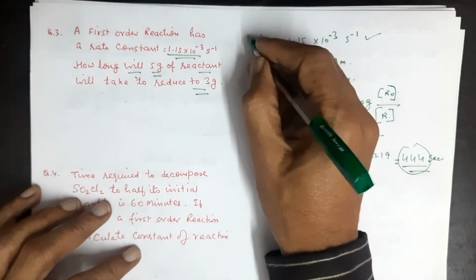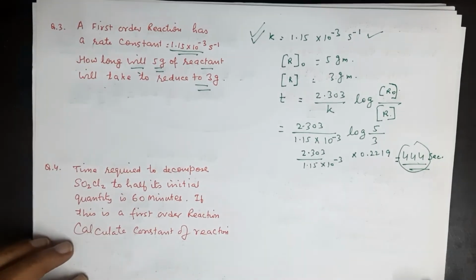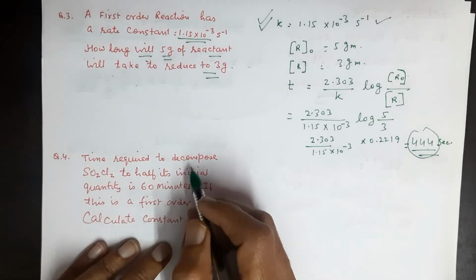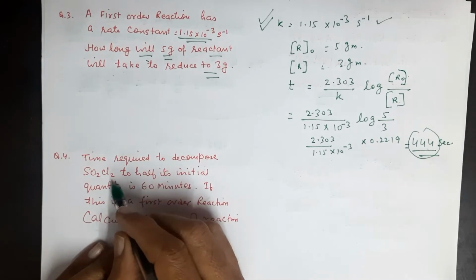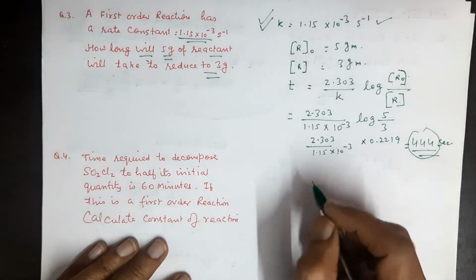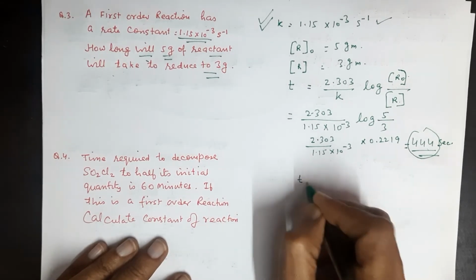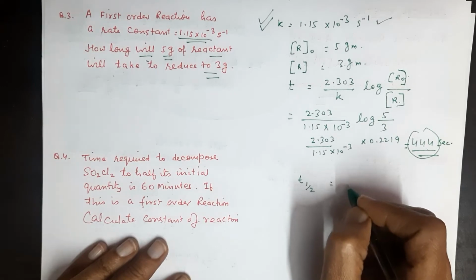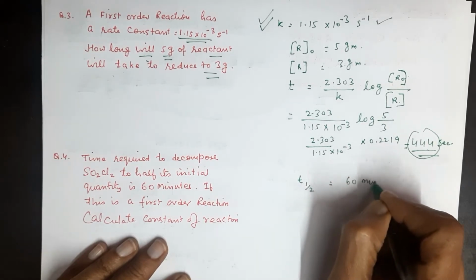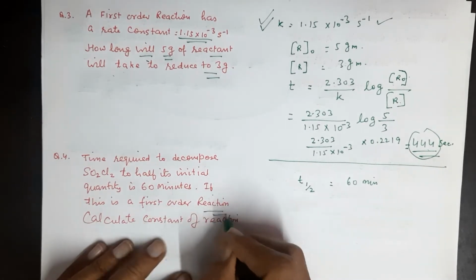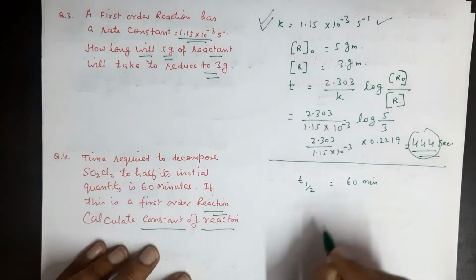This is the solution. Now we come on to the fourth question, that is, time required to decompose SO2Cl2 to half its initial quantity is 60 minutes. So it means T half is equal to 60 minutes. And if this is a first order reaction, calculate the rate constant of reaction.